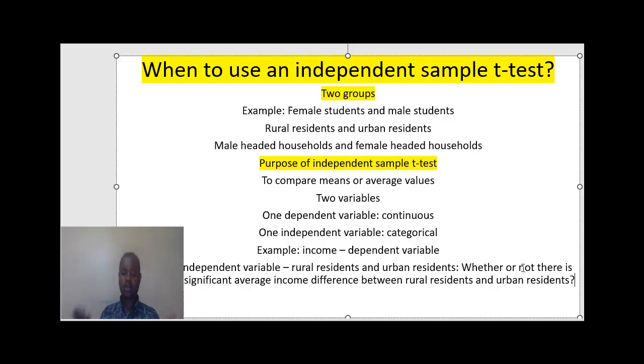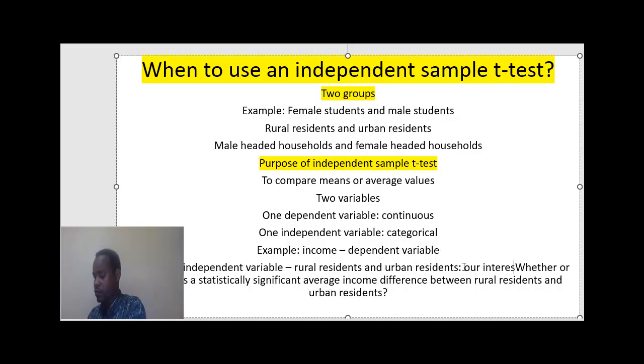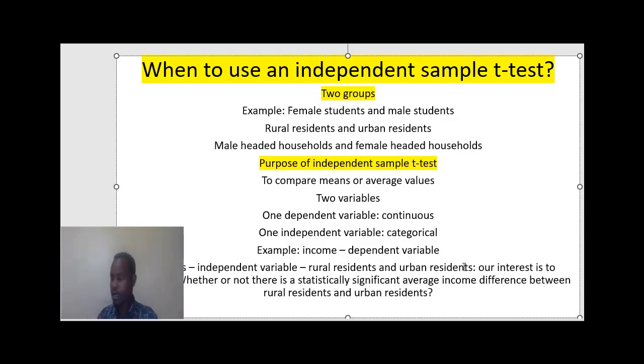Okay, our interest is to ascertain, to check whether or not there is a difference.